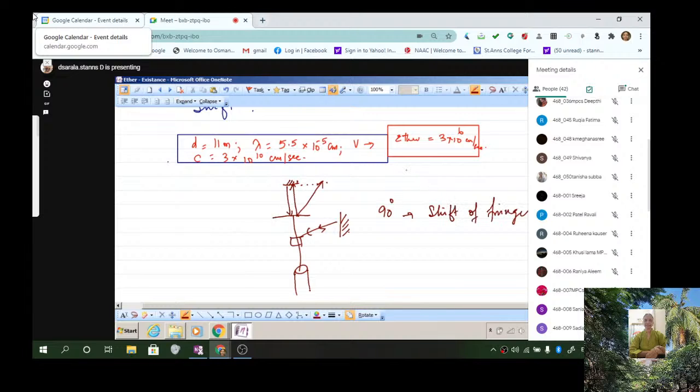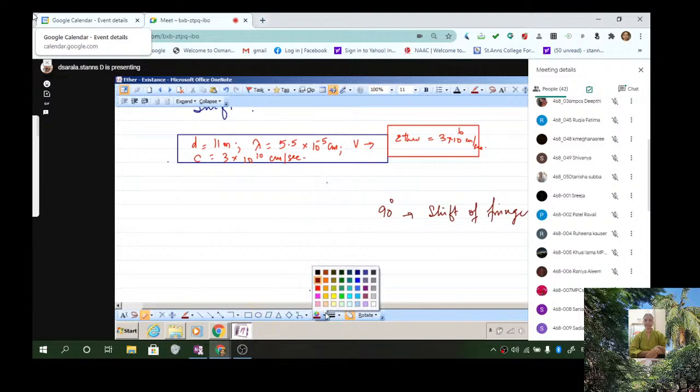With this experimental setup that they have done, you have already seen this figure, I don't need to draw it again.